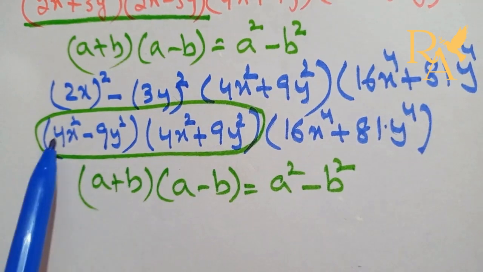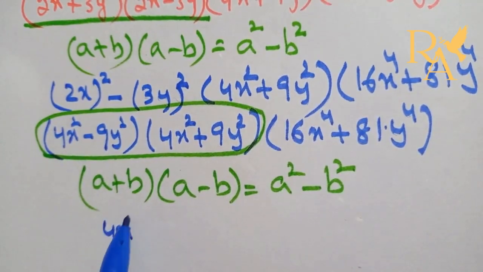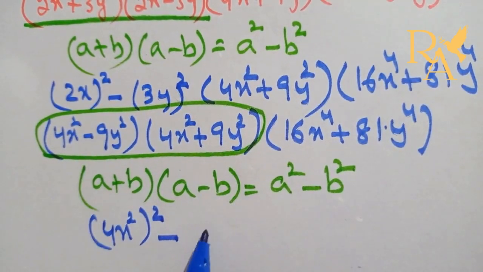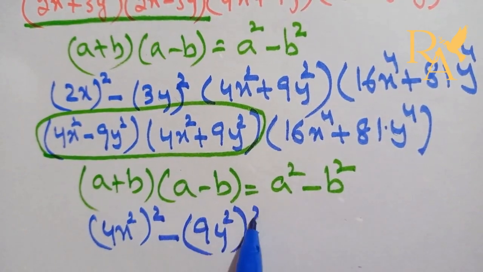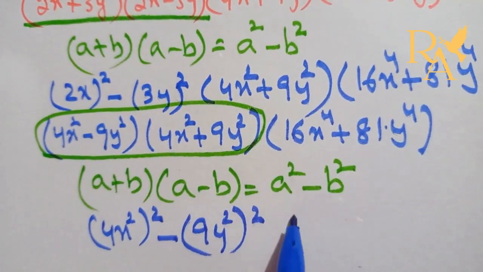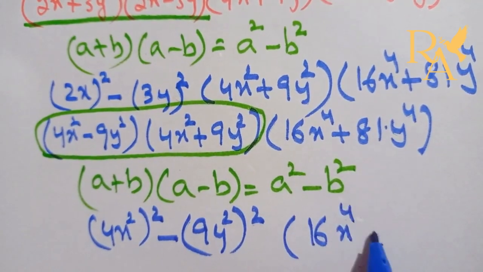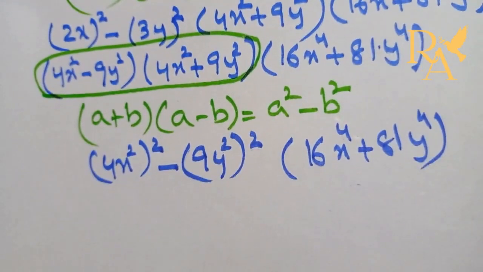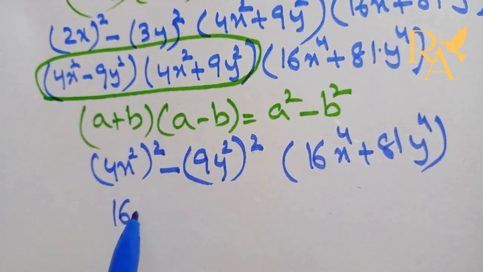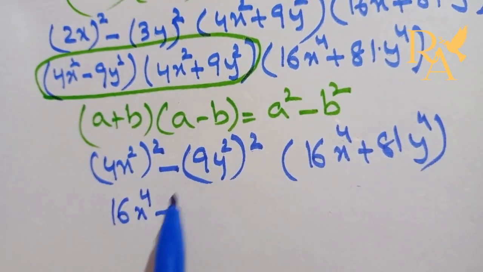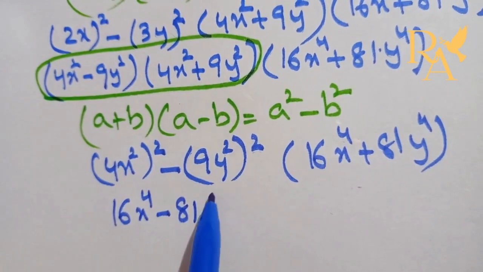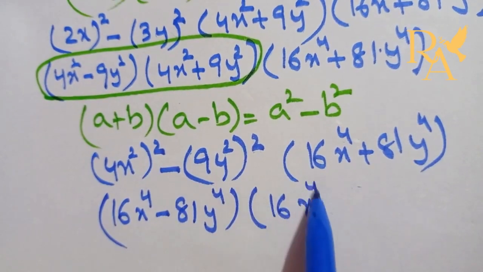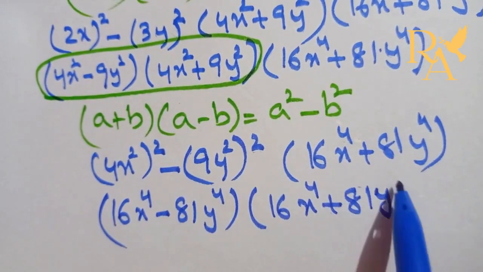The value of A is 4x² and the value of B is 9y². So (4x²)² − (9y²)², and by keeping this bracket the same, (16x⁴ + 81y⁴). Here 4 squared is 16, x to the power 2 times 2 is 4, minus 9 squared is 81, y to the power 4, and keeping this bracket the same, 16x⁴ + 81y⁴.